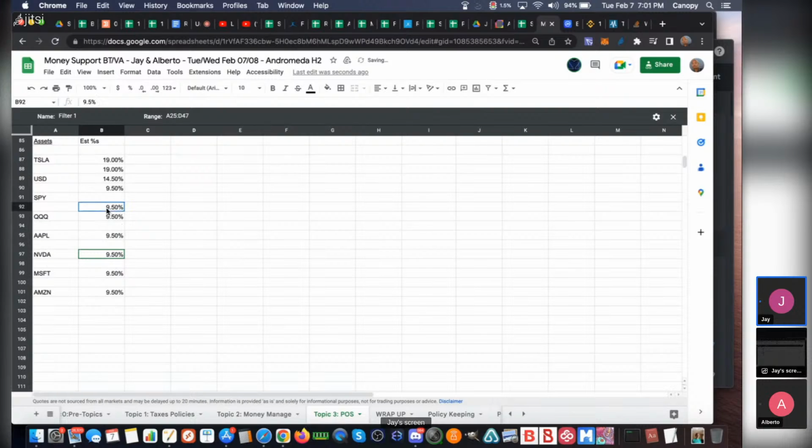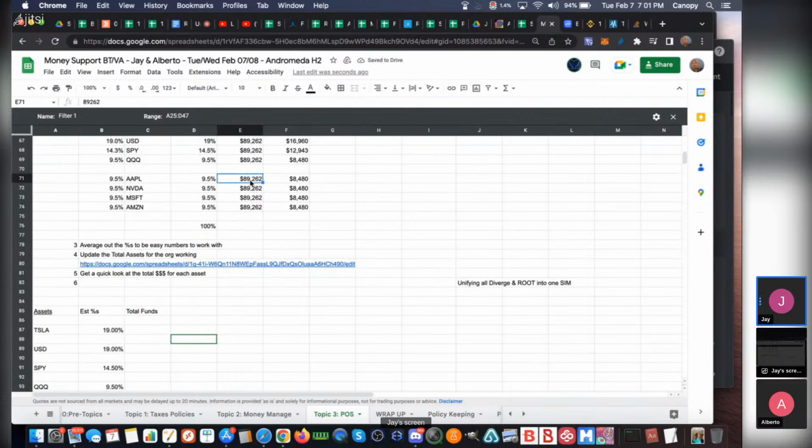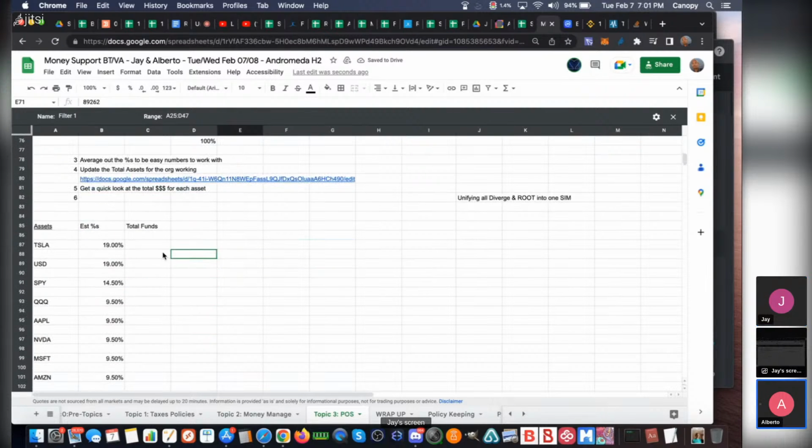SPY is 14.5 and then 19. Okay, cool. The next number is the total funds. Total funds is the 89,262.